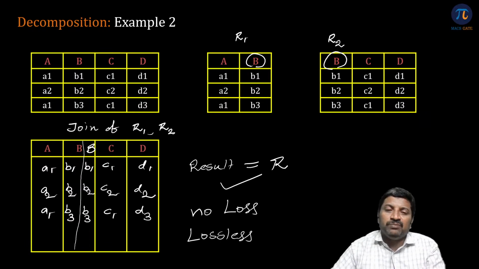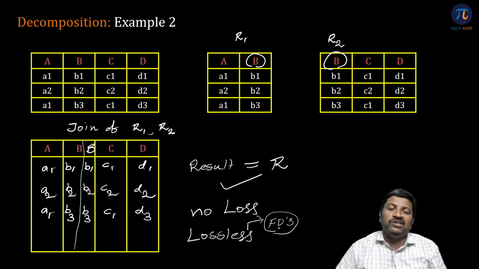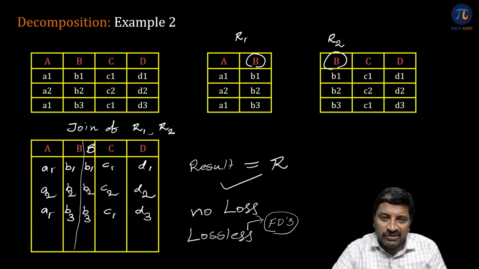To verify it, we usually use functional dependencies. So this is one more usage of functional dependencies. Without knowing functional dependencies, it's not possible to learn the concepts of normalization, right? So now let us continue the discussion of how to verify lossless by using functional dependencies.